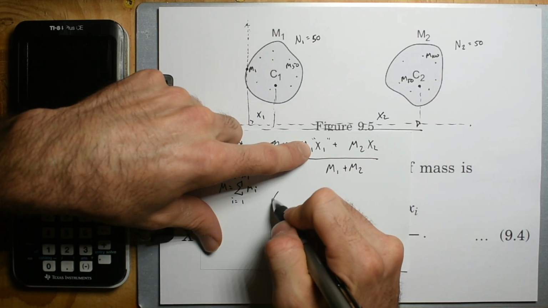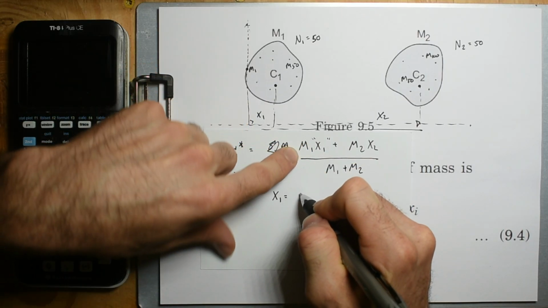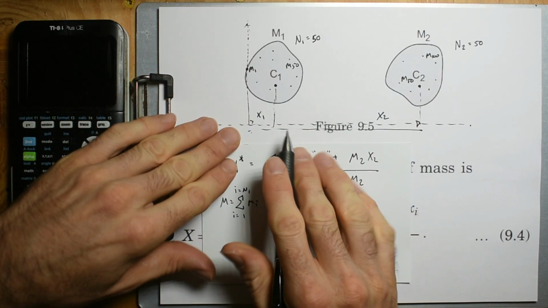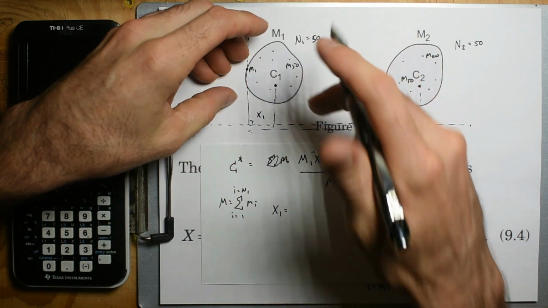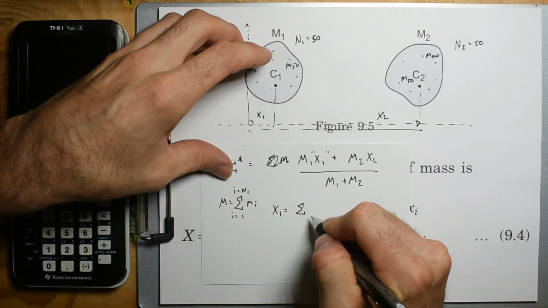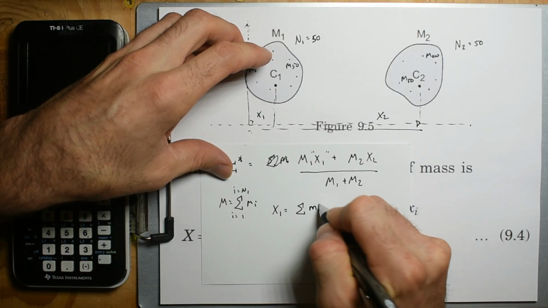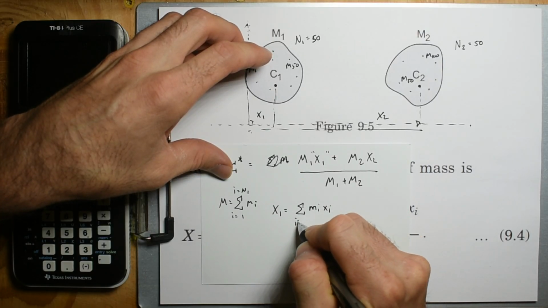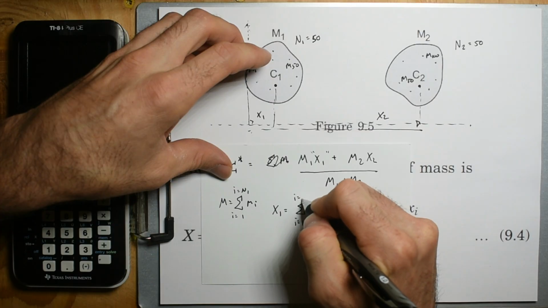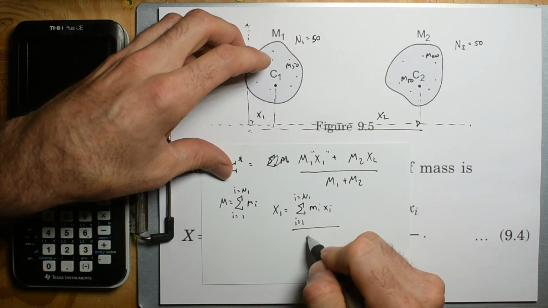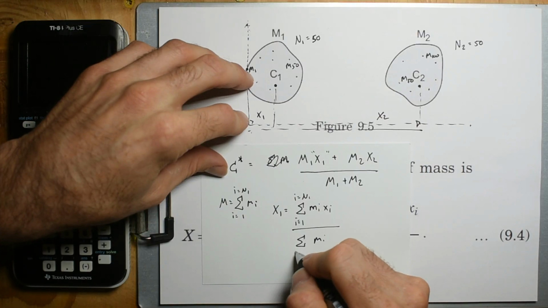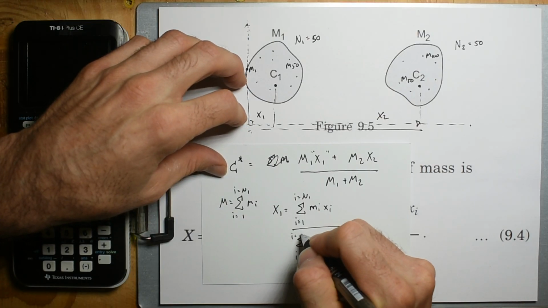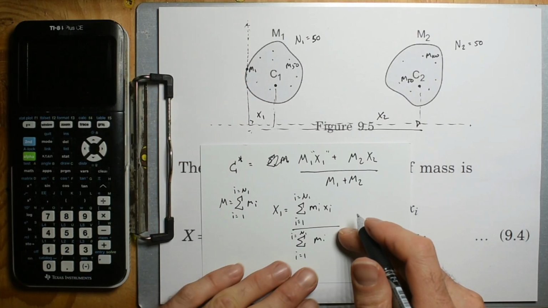But this x1 term is going to be the full equation for all these particles: the summation of mi xi from i equals 1 to n1, divided by the summation of the total mass of M1, which is i equals 1 to n1. That's going to be that term.